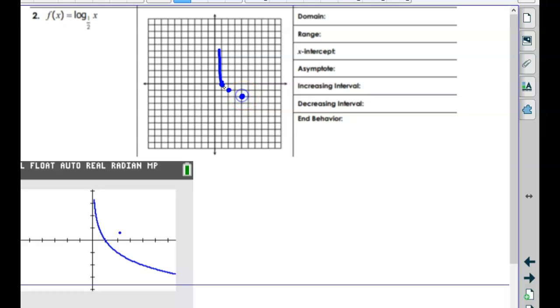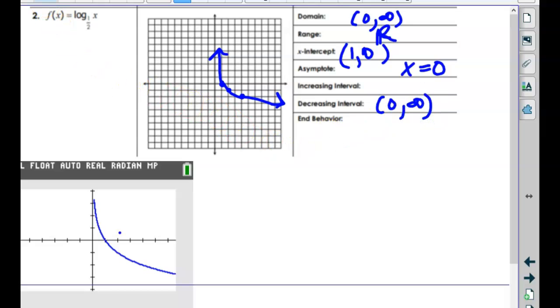I think by 4 it would be down to -2. By 8 it would be down to -3. 0 and up, all real numbers. X-intercept is still 1, 0. The asymptote is the y-axis, which is x equals 0. And it is all decreasing. And I don't care about end behavior. Okay, I don't think I'm going to ask you one of those, period.